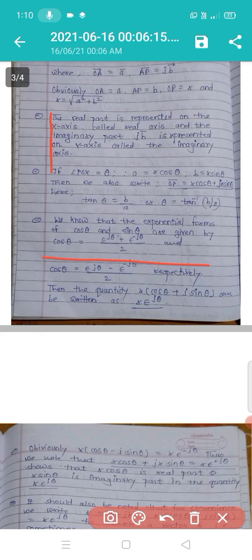Then the quantity r of cos theta plus j sin theta can be written as r into epsilon raised to j theta.